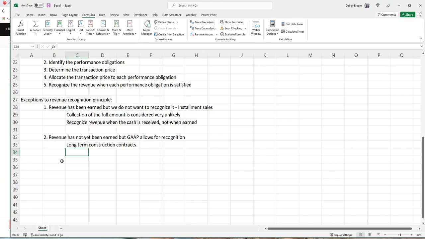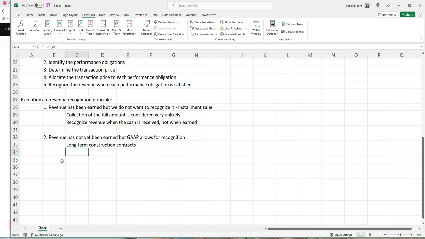So what happens is all those years you're building the bridge, you're going to show huge losses because you're showing all these costs, all these expenses, but you have zero revenues because you haven't delivered the bridge. So under accounting for long-term construction projects, GAAP will allow you to recognize the percentage of revenue under the contract based on the percentage complete.